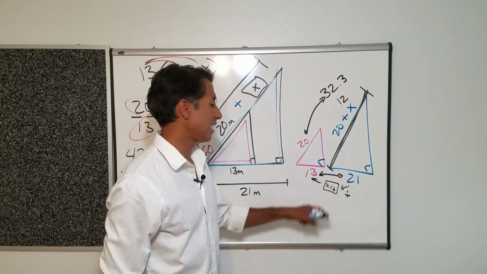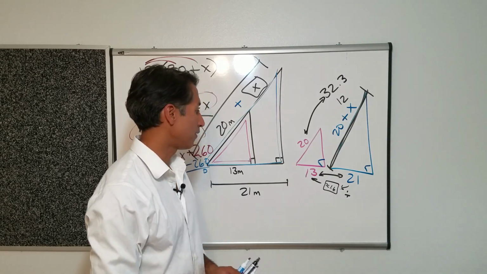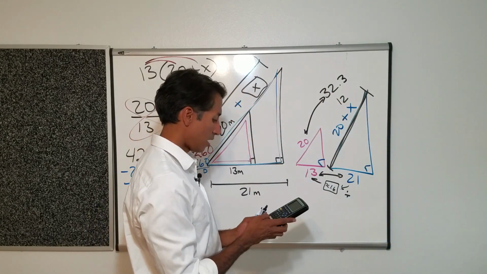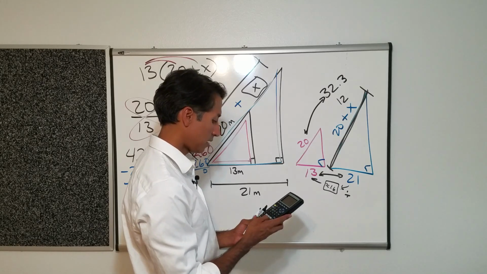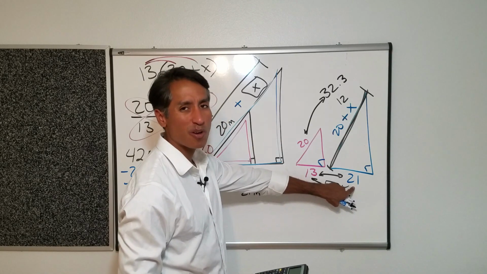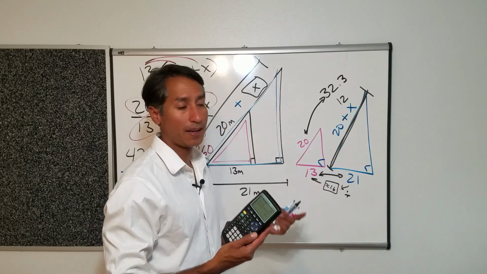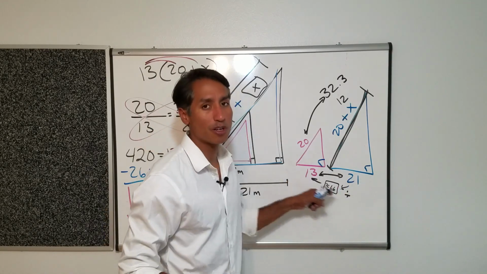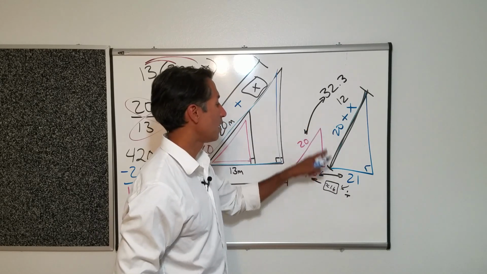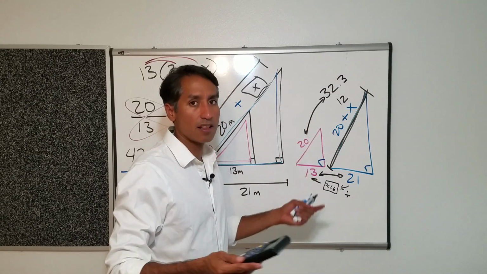So earlier I did get that, you know, approximate value of 1.6. So let's just see if it works. We know that 13 times 1.6 gets me to about 21. It's 20.8, but we know what we're trying to do. We're trying to figure out this magic number, the scale factor, call it what you want.